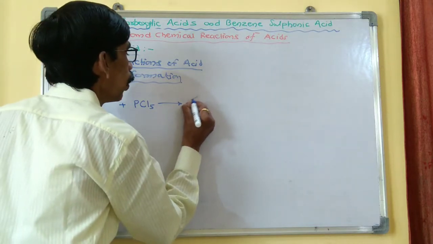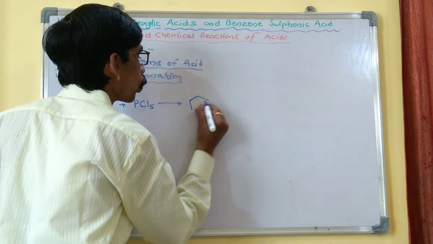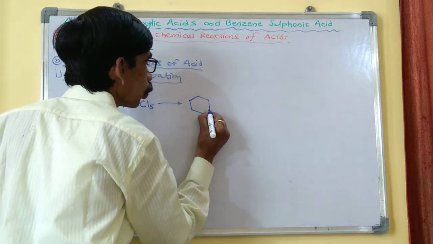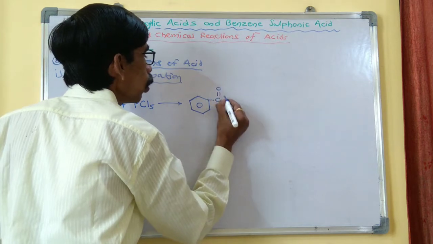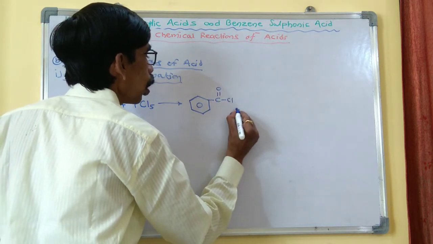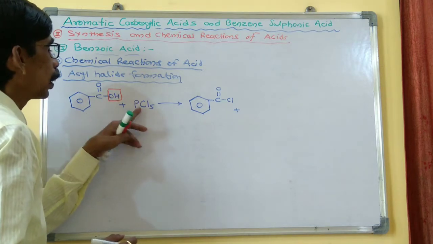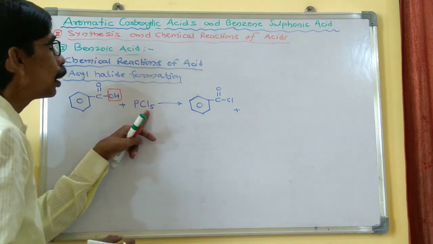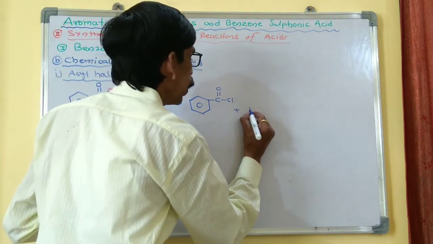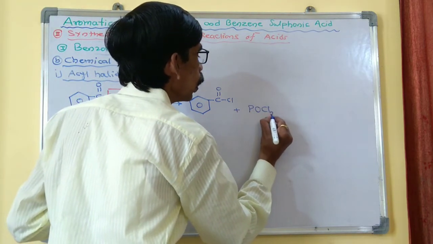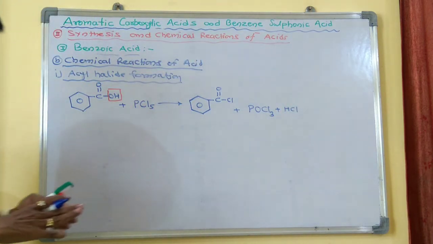So we get the benzoyl chloride, C double bond O, Cl. Now this O and H combine with the remaining Cl, so PCl5 gives POCl3 plus HCl.